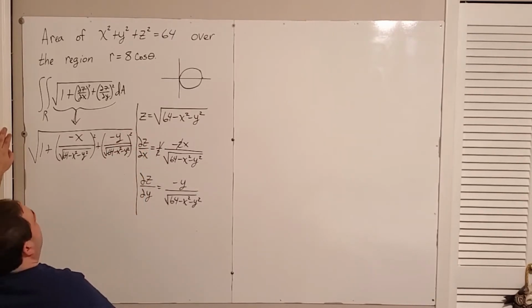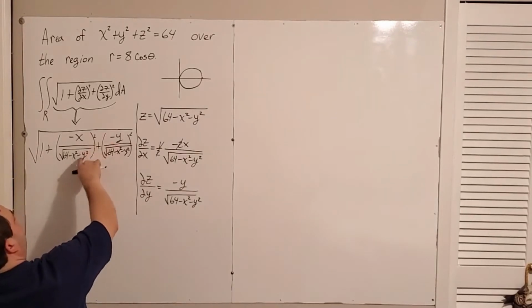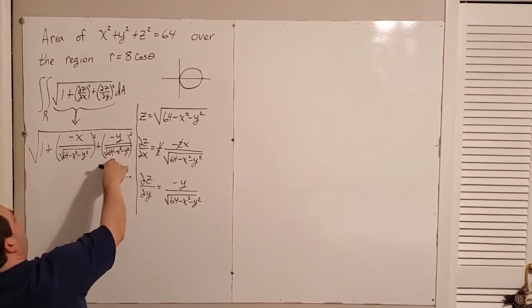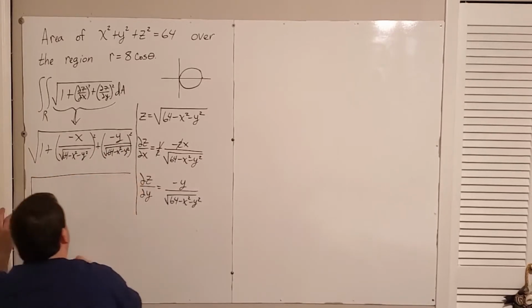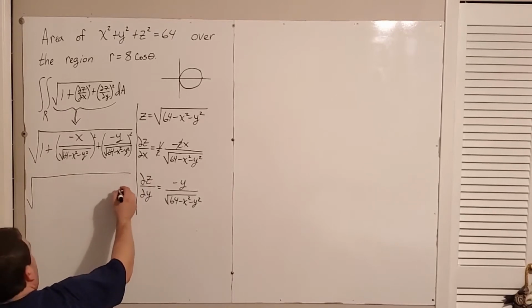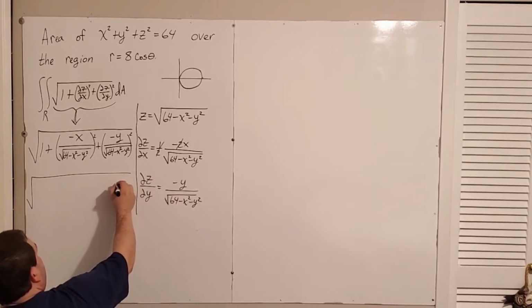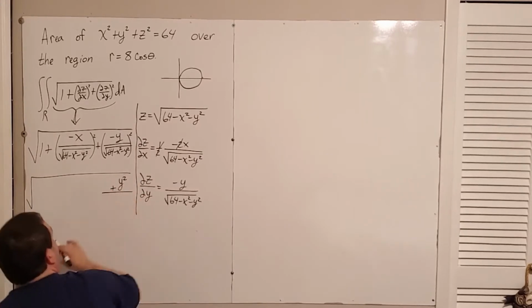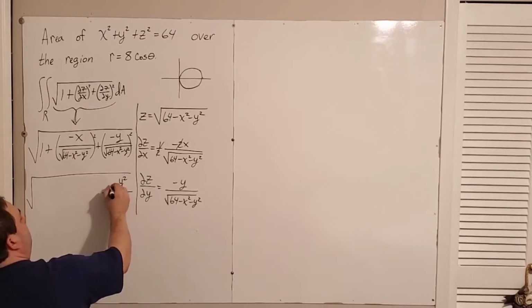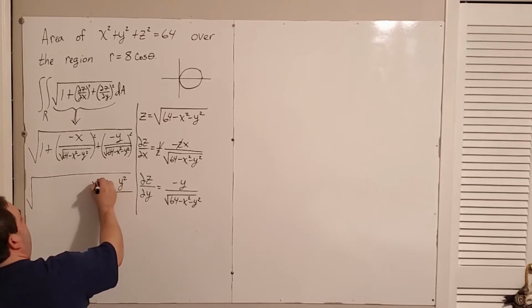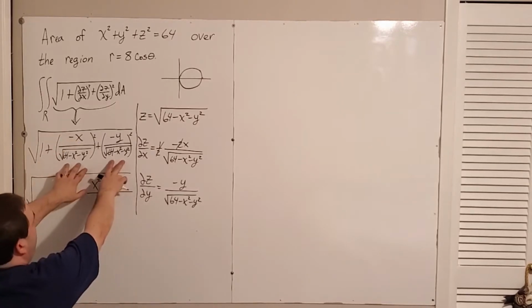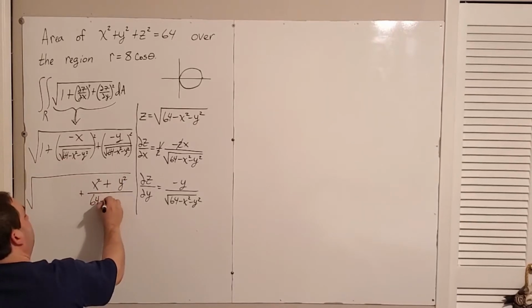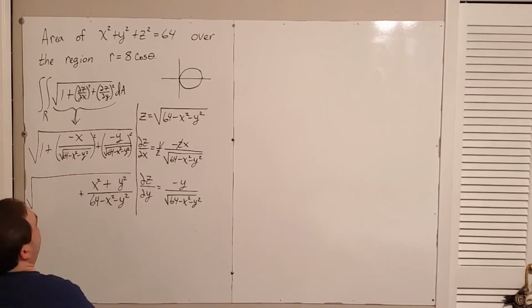Okay? But of course, when I'm squaring here, I can take out the radicals from each of these. And from this side right here, notice that that's going to give me plus y squared and plus x squared from this end. They're going to have the same denominator. So I'll go ahead and write them together after you square it out.